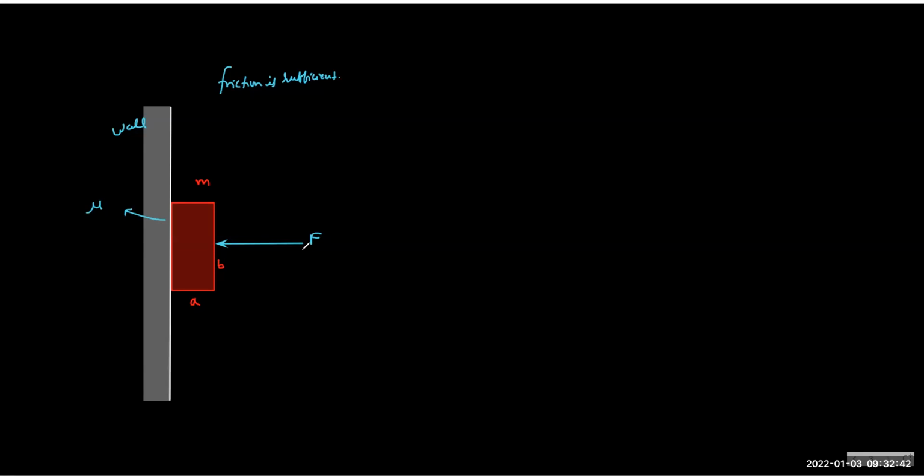The question is, where will the normal reaction act on the brick? Will it act at the center, on the left, above the center, or below the center? If it is not at the center, then how far from the center? That is the question. Once again, will the normal reaction act here, or above, or below?